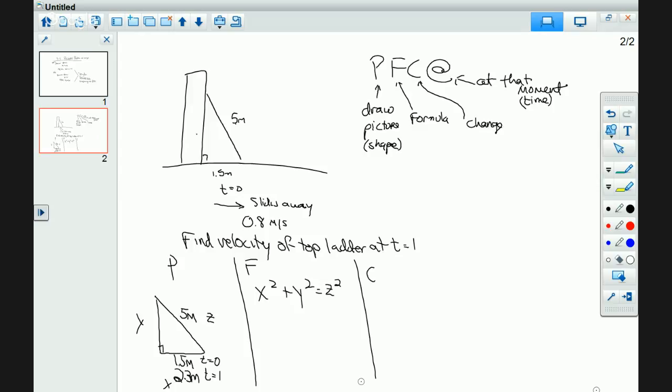Okay, this is x, correct? With respect to time. So that's where I'm going to write dx dt. It's the x variable that's changing with respect to time. It's a velocity. Distance over time, miles per hour, meters per second.